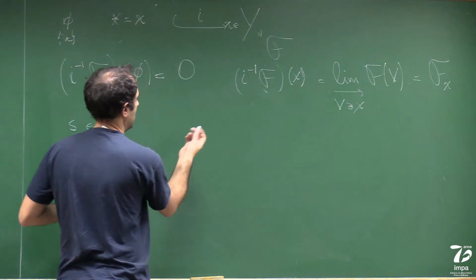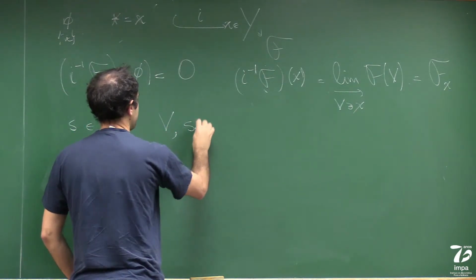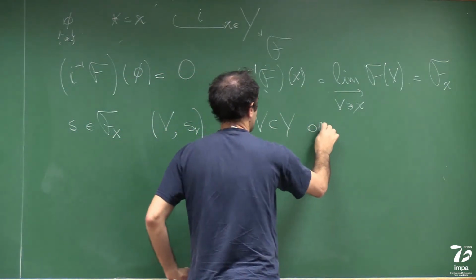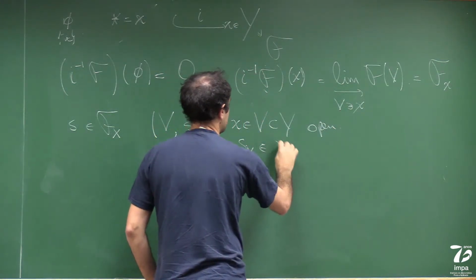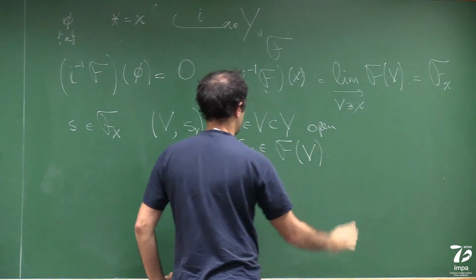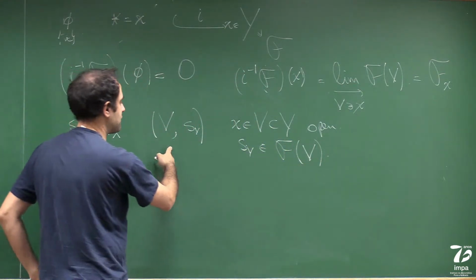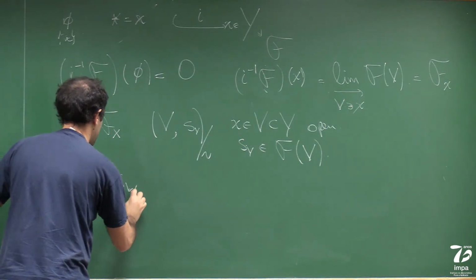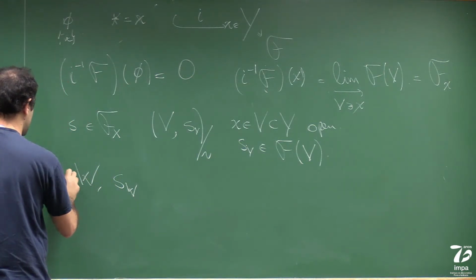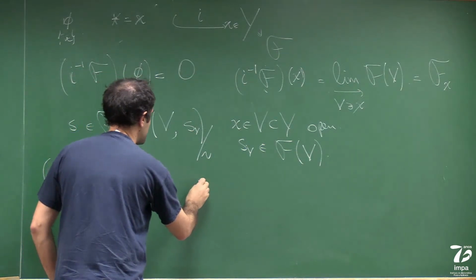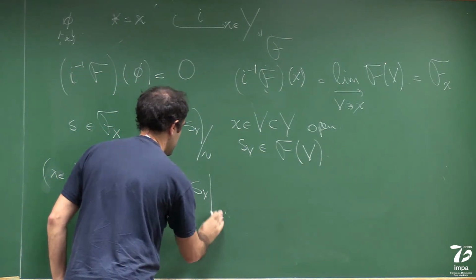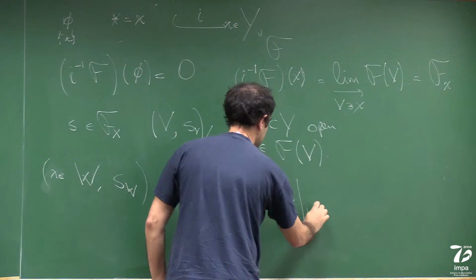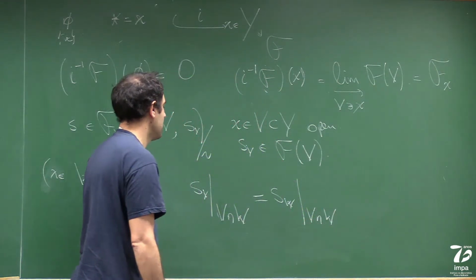And an element of this colimit is just a pair (V, S_V), where X is a point in V, which is open in Y, and S_V is a section of F restricted to V. But it's the equivalence class of such things, where if you have another W and some S_W, again X is inside of here, same conditions, then if S_V restricted to V intersected W is equal to the restriction of S_W to V intersected W, we say that these two are equivalent.